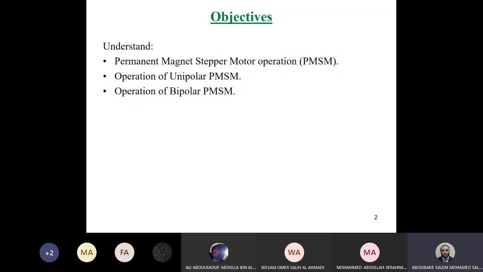So what is the meaning of unipolar and bipolar permanent magnet? This is what we are going to describe, and we will describe the operation of each type similarly as we did for the variable reluctance stepper motor.